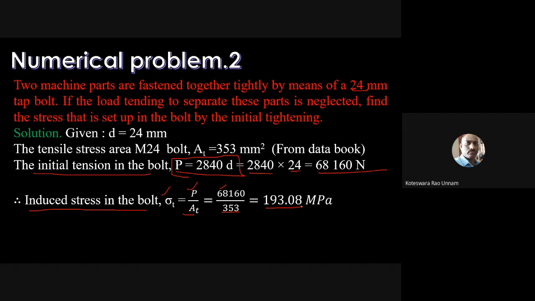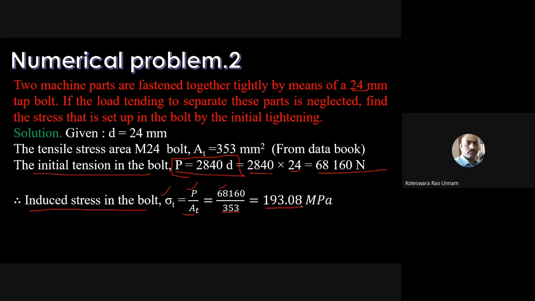While designing a problem, they will play with these three parameters: sigma T, P, and AT. Sometimes they will give the P value and the sigma T value and ask you to compute the diameter of the bolt. That kind of problem is also there, but we have not seen it. The remaining two kinds of problem we have seen.